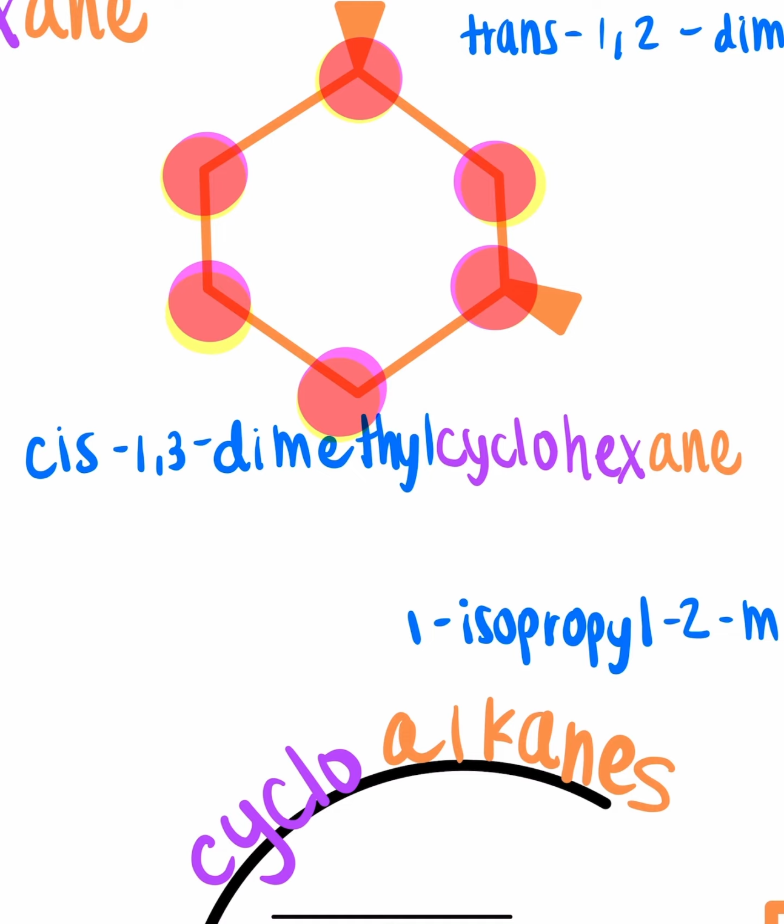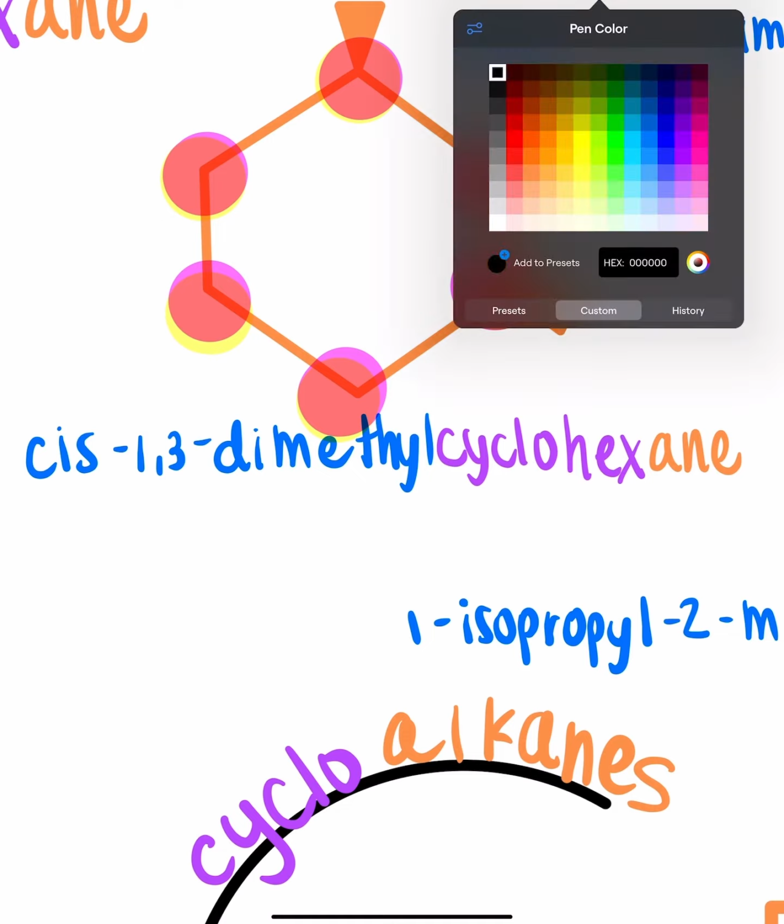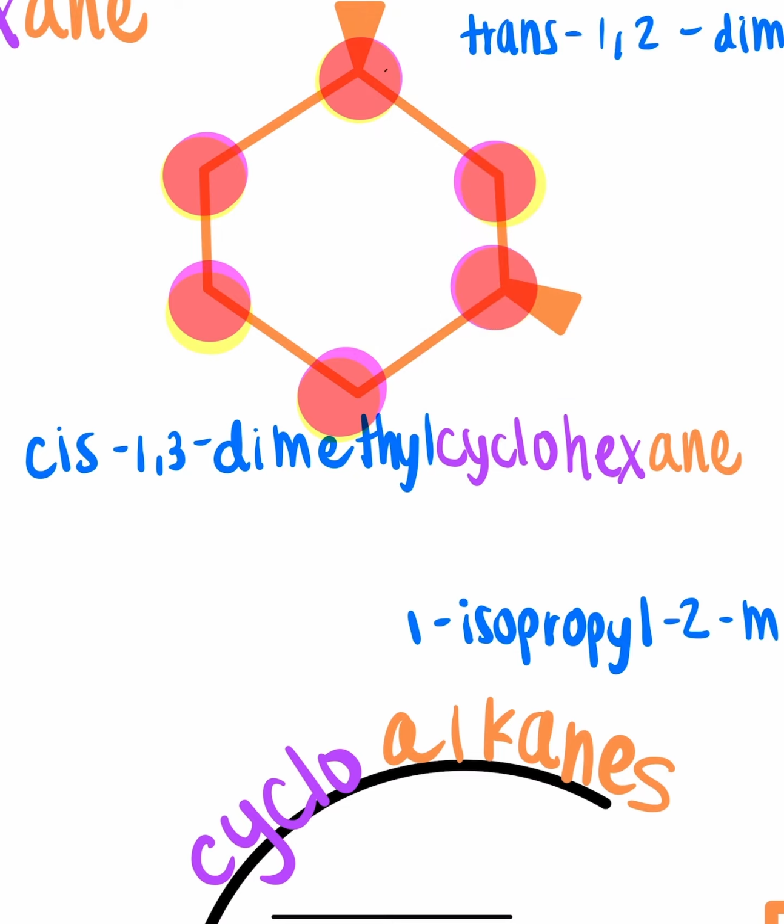They're both methyl groups. If you're colorblind, you can do 1, 2, 3, or you can do 1, 2, 3. It's the same because these are both methyl groups.